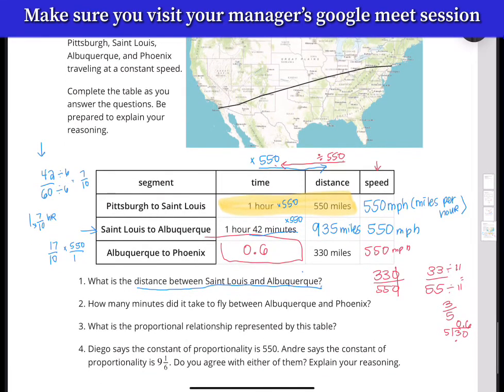So here we go. What is the distance between St. Louis and Albuquerque? Okay. The distance would be 935 miles. Number 2 says, how many minutes did it take to fly between Albuquerque and Phoenix?